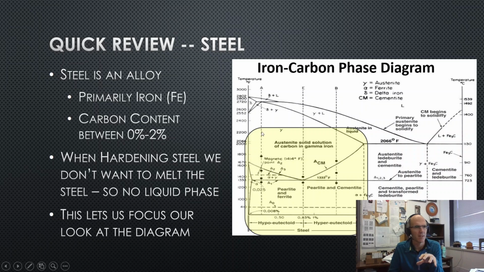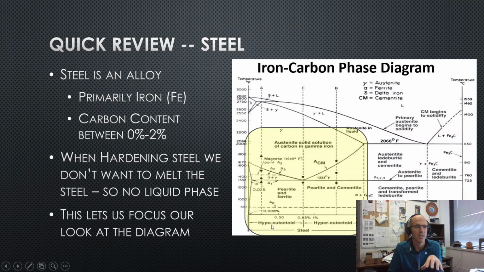But we're going to take a look at this range right here, and we can further simplify it by restricting our range of temperatures, because nothing really much interesting happens to our steel below about, well, this says 410, but the degrees Celsius is right over here. There's our 723 Celsius. Even once you're a few degrees below 723, nothing really changes.